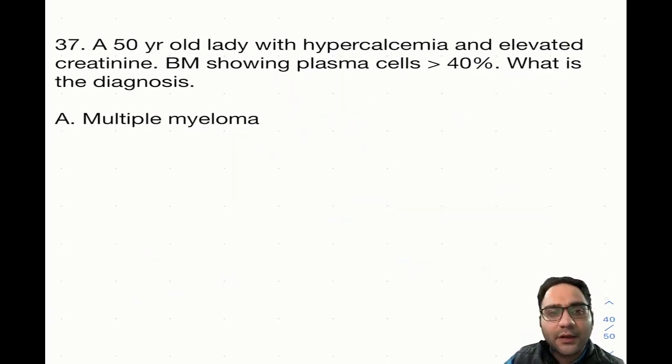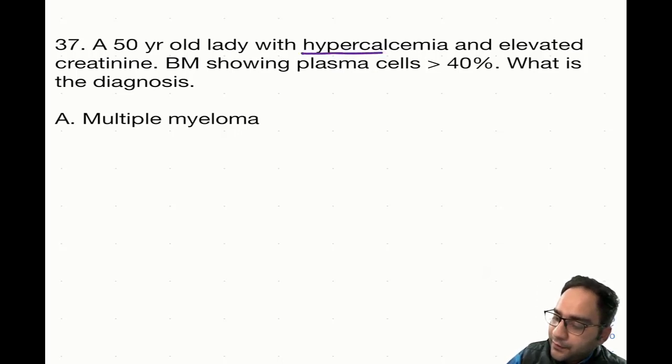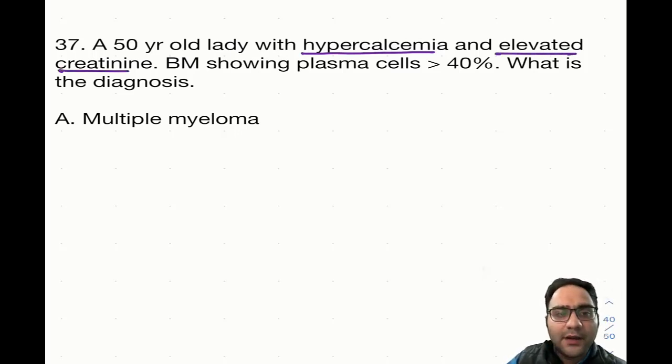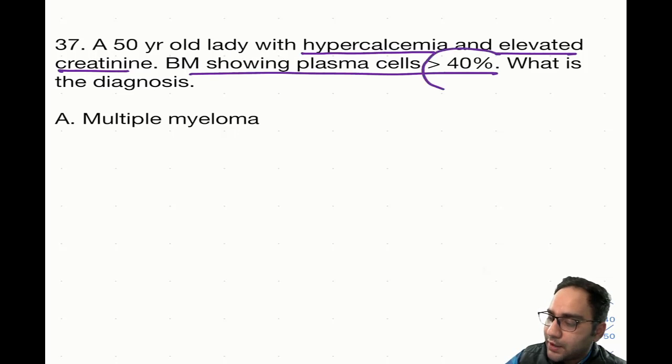Next question, a bit controversial question. I'll tell you why. They are saying that a 50-year-old lady is having hypercalcemia and elevated creatinine and bone marrow is showing plasma cells more than 40%. I just hope the number that I have got from the recall is 40%. Okay.